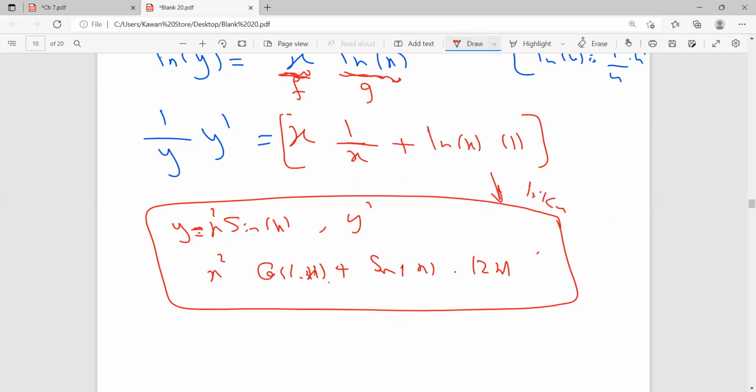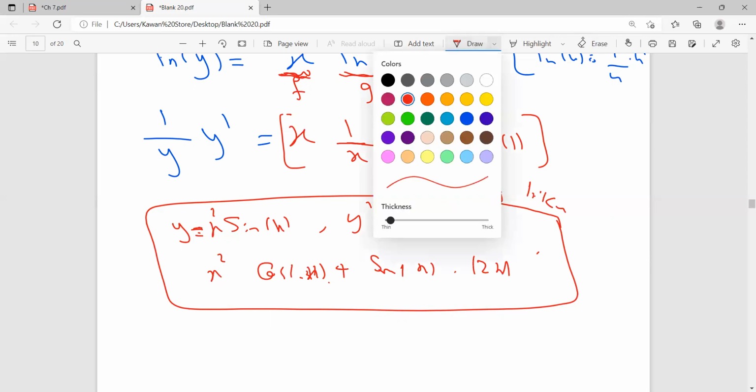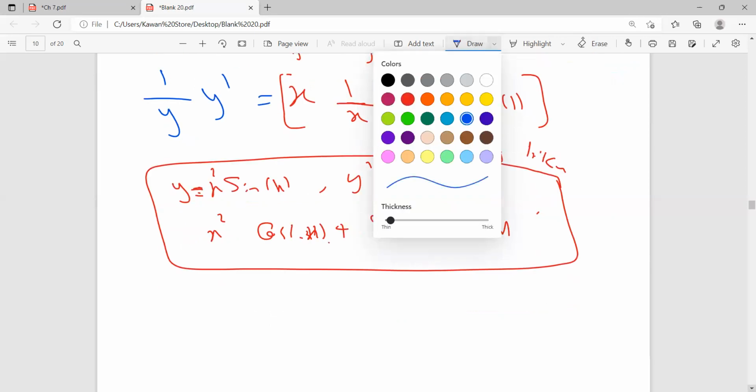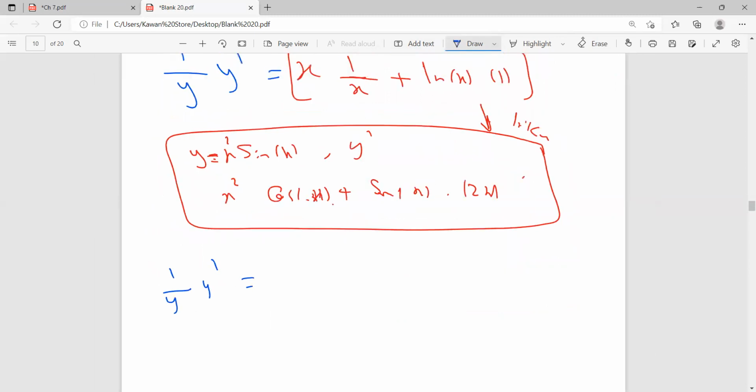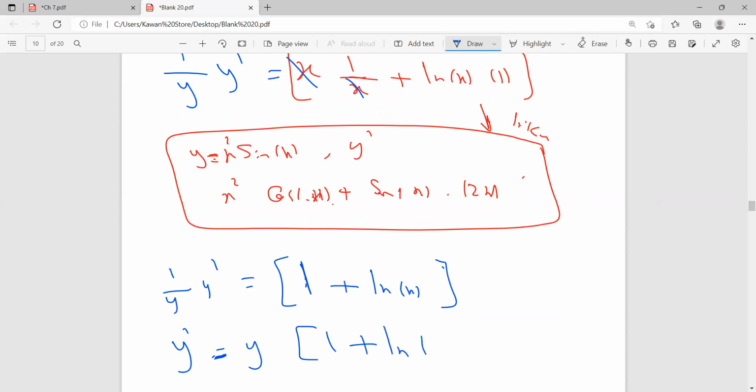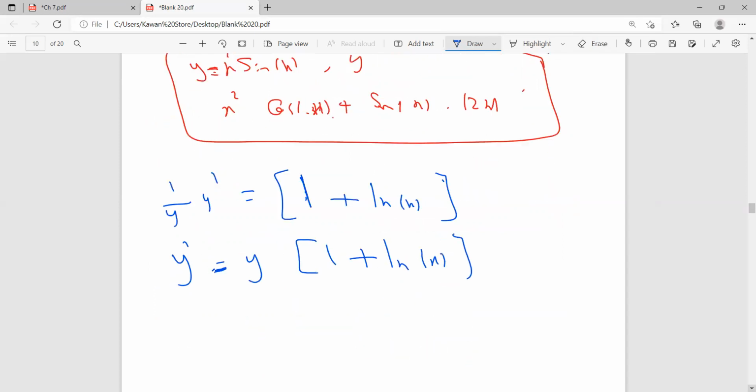Okay, now 1 over y times y prime is equal to, you can see, 1 plus ln of x. Am I right? And we need y prime, so multiply both sides by y. Am I right? Good. So y is equal to what?